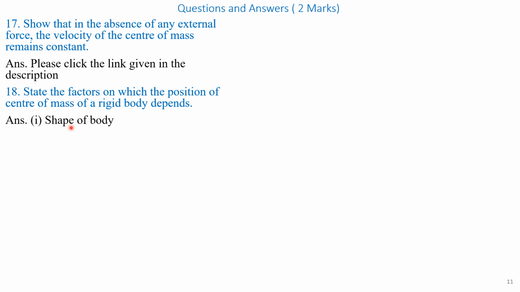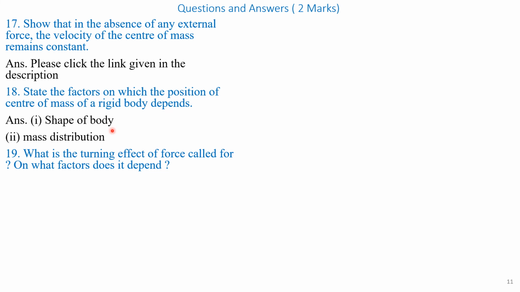Answer. Point number 1, shape of the body. Point number 2, mass distribution. So it depends on two factors: one is shape of the body and second is mass distribution.